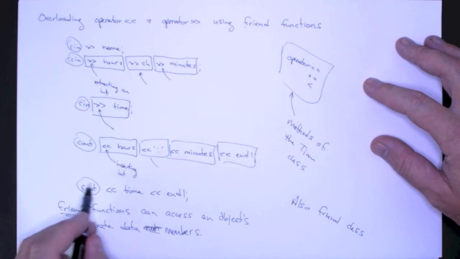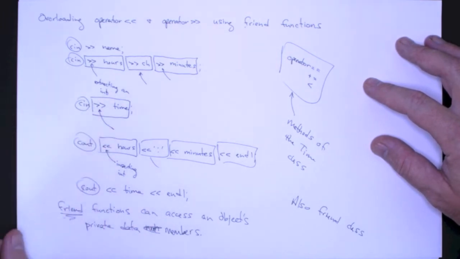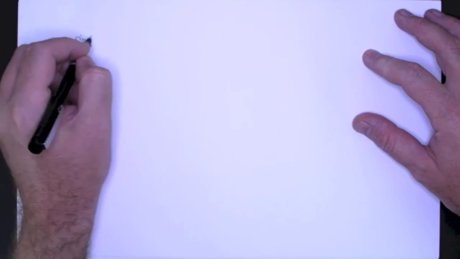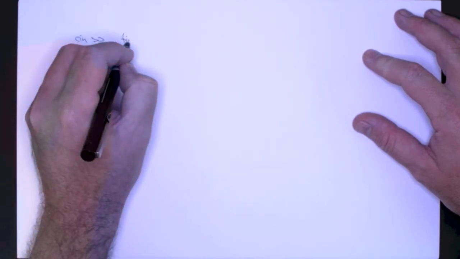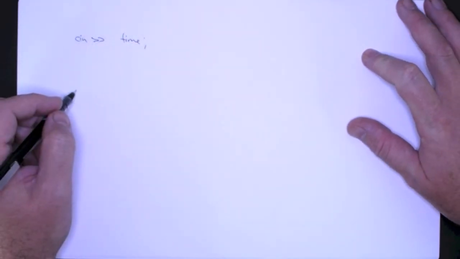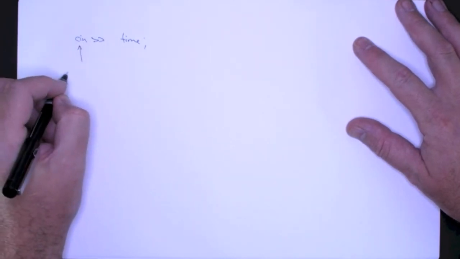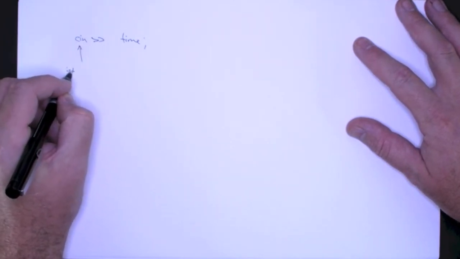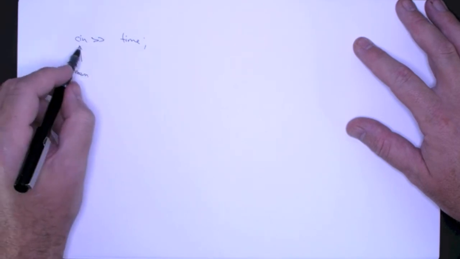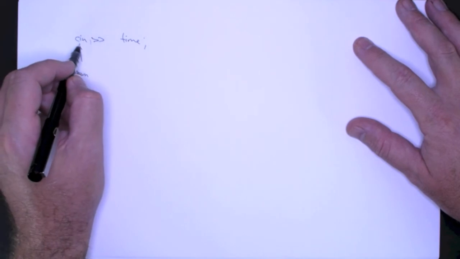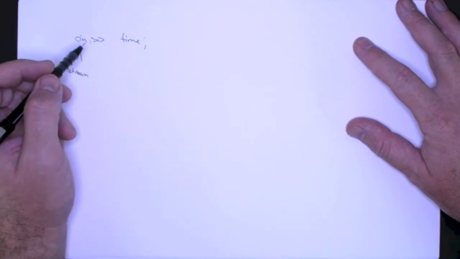So let's unwind this a little bit and try to understand what function we actually need to implement. If you write cin >> time, just like that, first of all, this is an input stream, an istream. And of course, we're going to be changing it, because we're going to be extracting a time object.